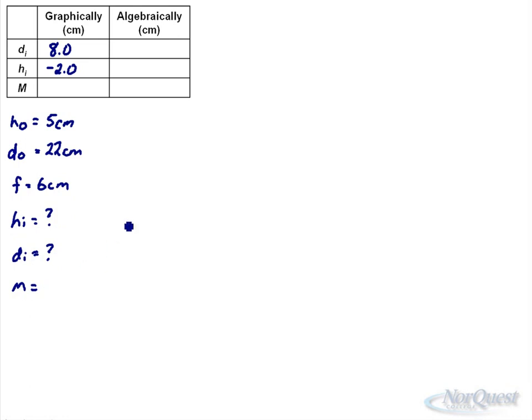Well, let's start with the first formula. 1 over f equals 1 over di plus 1 over do. We're going to manipulate this for di.